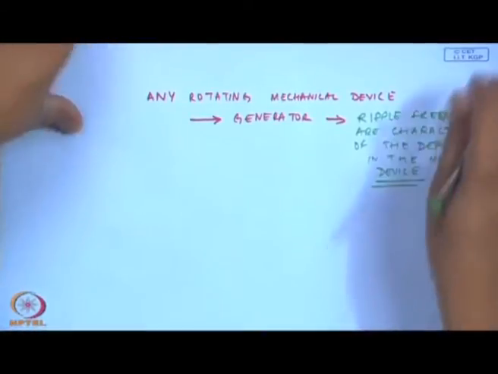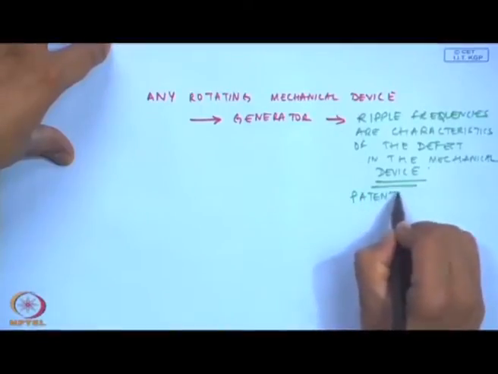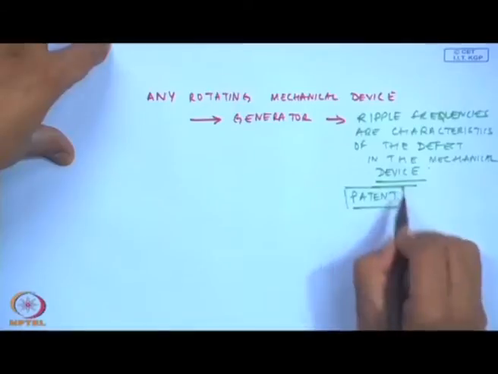So, this is one of the important observations, and in fact, our group at IIT Kharagpur has a patent on the same, for the fact that any mechanical rotating device which is powering a generator is going to generate a voltage, and this voltage will not be clean. Voltage will have ripples.